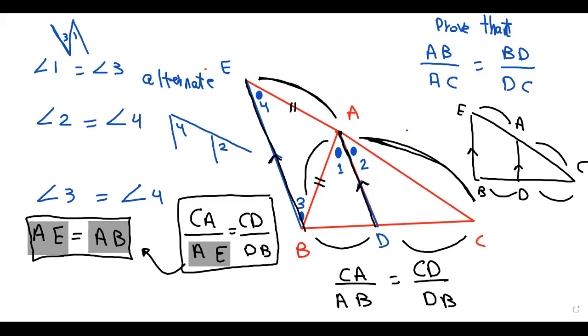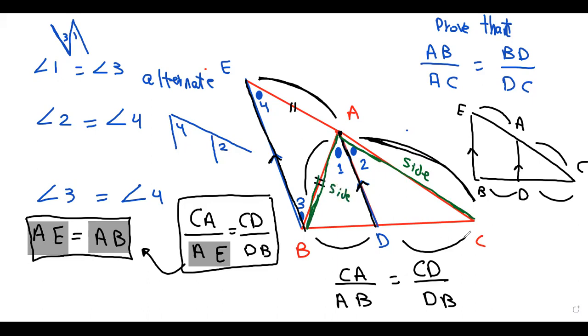I'm going to color it in green. CA, this side, is one of the three sides of the triangle, over AB, another side. So this is a side.